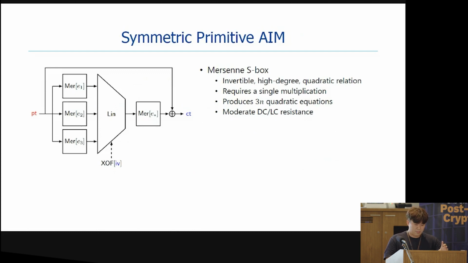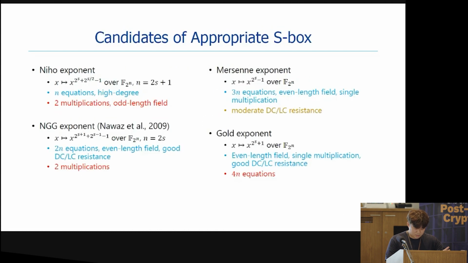And Mersenne S-box, you might not remember, is the exponentiation by a Mersenne number, x to the power of 2^s minus 1, which becomes a quadratic relation: xy equals x to the power of 2^s.